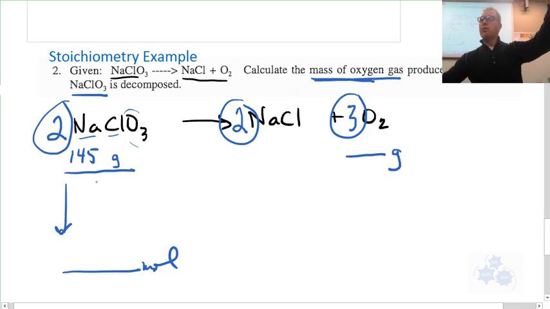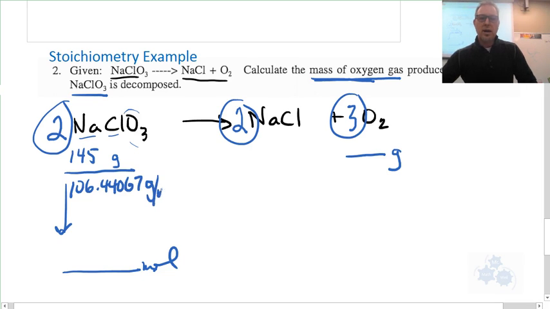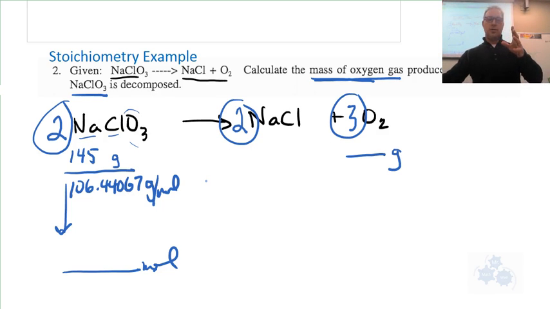Who's got that molar mass? Just shout it out. 106.4406. Thank you. That's grams per mole of NaClO3, straight from the periodic table. We're good with that?